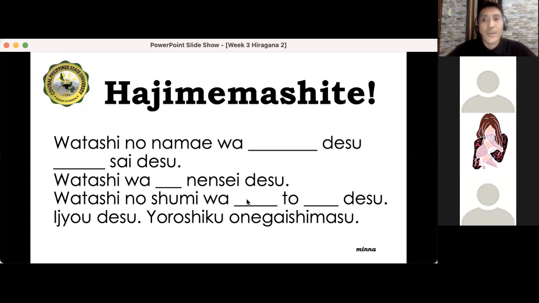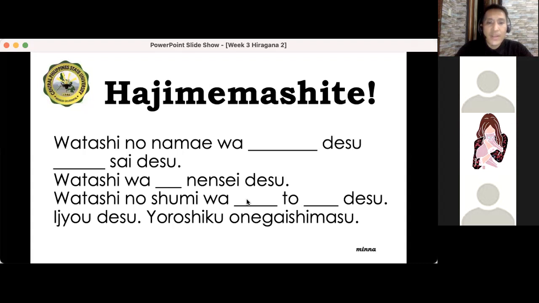I know that some of you are 18 years old, so 18 is hassai. Maybe some of you here are 19, so that is 19. Nijussai is for 20.